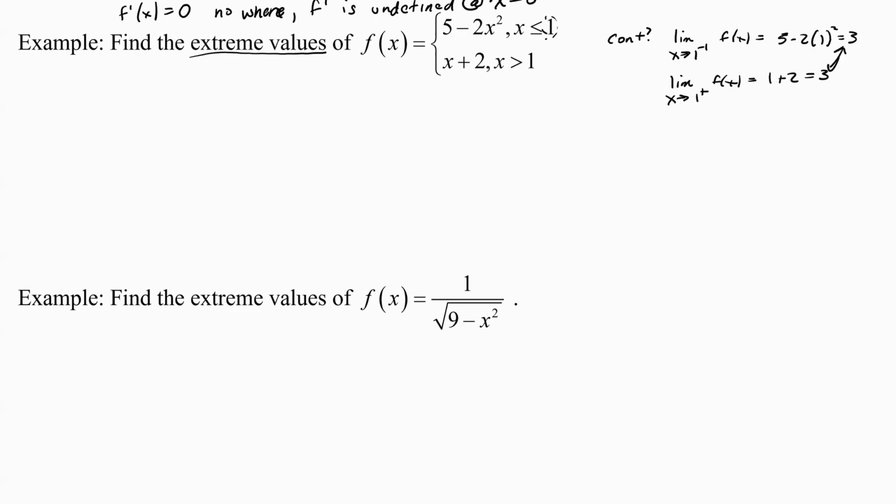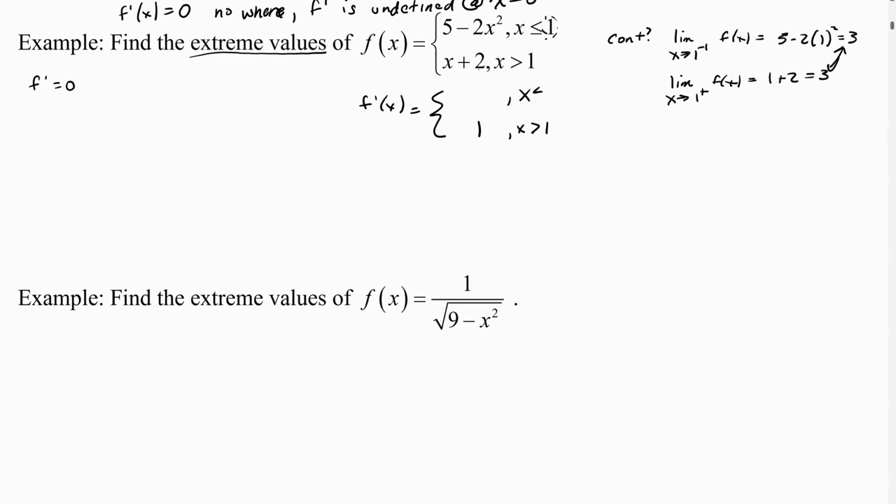So where could we find the extreme values? I'd like to know, where is f prime 0, for example? Well, let's find out what the f prime of this piecewise function is. When x is greater than 1, I take the derivative of this, I get 1.